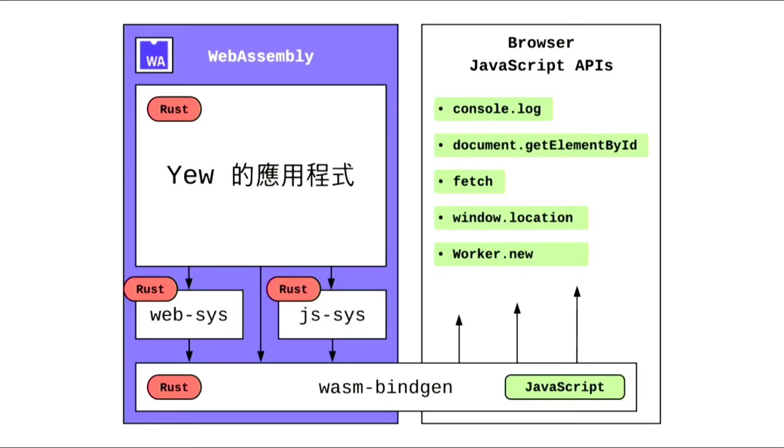Okay. And then here's another mental model you can use to understand how this is all working. Here we have everything that's living in WebAssembly land, and this is all the JavaScript land. Here we have your Yew application, written in Rust. Then we build on these two libraries, web-sys and js-sys, which are bindings to DOM APIs and JavaScript APIs.